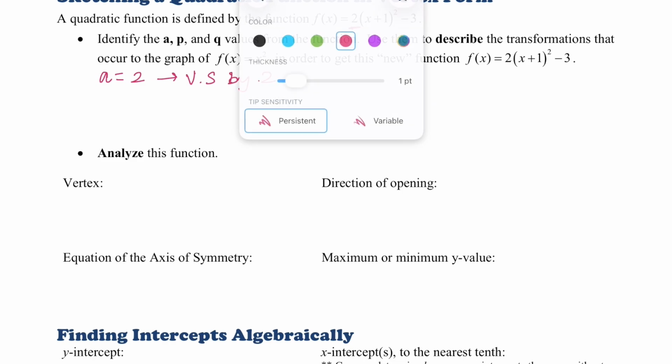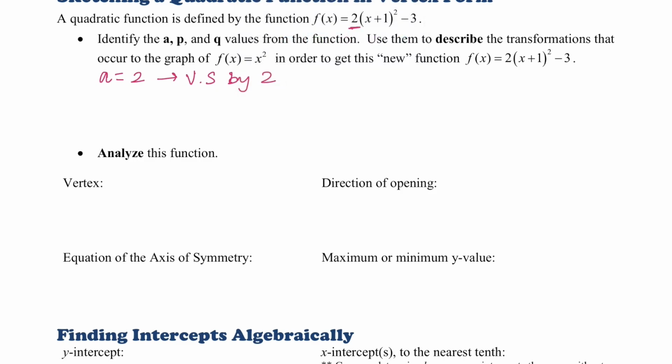Let's look at our p value. Our p will be -1, because x minus -1 gives plus 1 here. That means we have a horizontal translation. Left or right? Left by 1 unit.